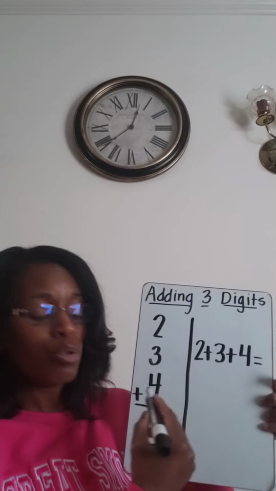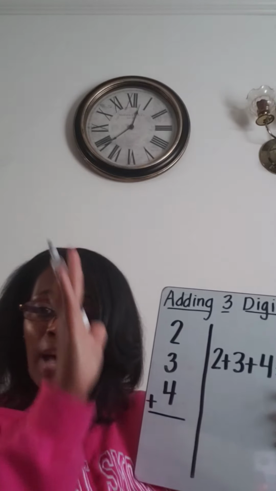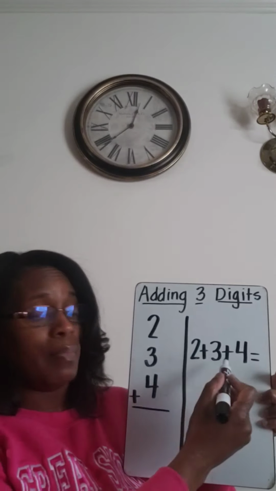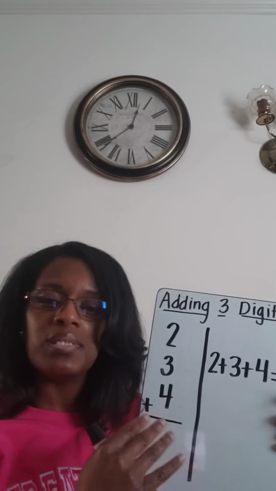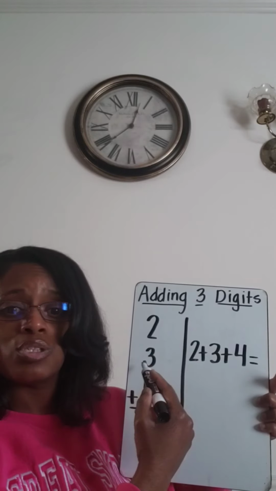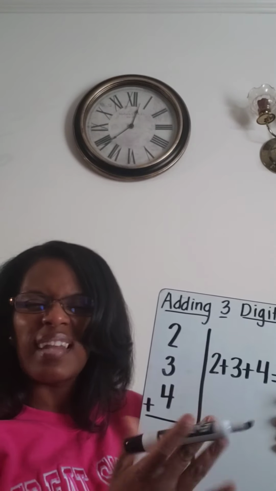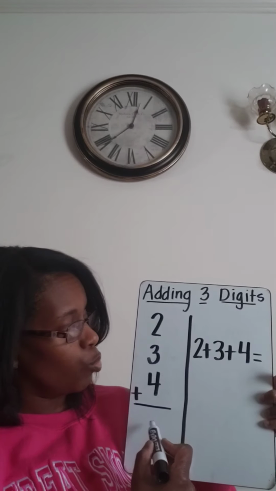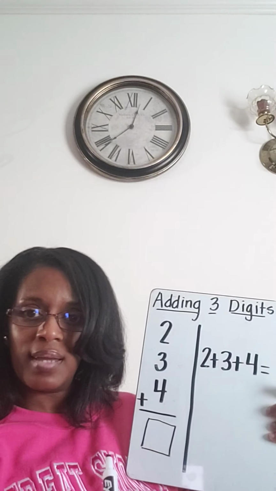And sometimes your problems will be up and down, or vertical. And then sometimes, like we're about to see in a second, it might be side to side. It's still the same way. We would still read this number sentence the same exact way. But this says 2 plus 3 plus 4. And this little line right here is kind of like our equal sign, I guess we can say. And we would say equal right here, and then we would write our answer right under the line, okay?